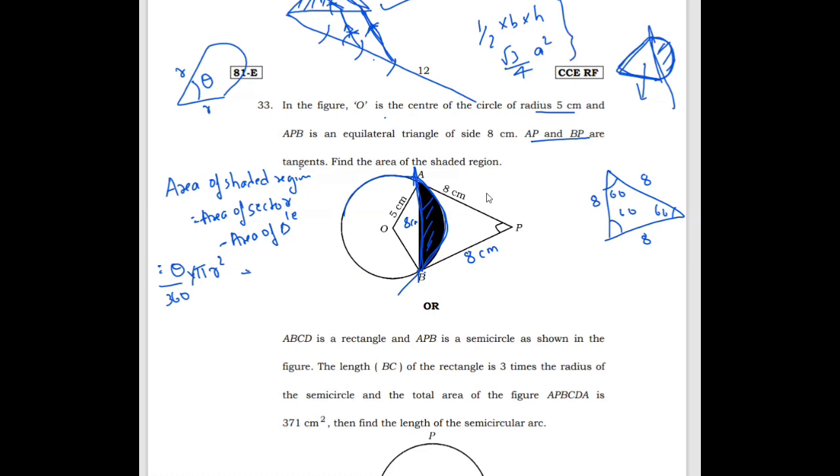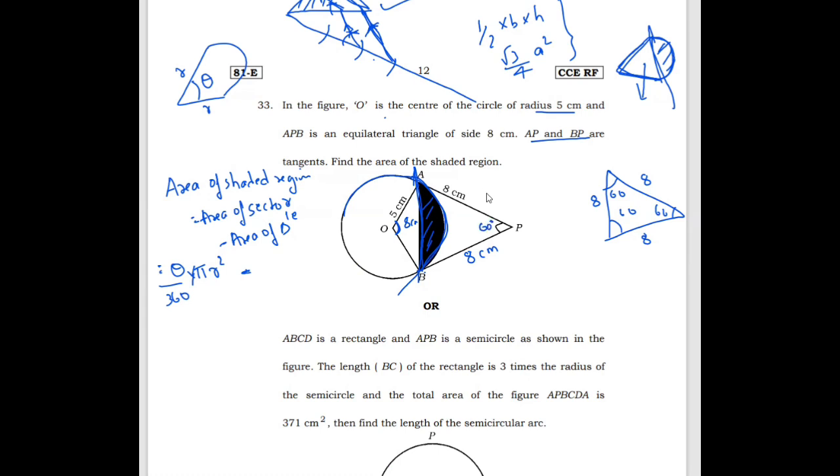Now we don't know what type of triangle it is inside this. So firstly, let me find the area of triangle. I don't know whether I should use half into base into height or root 3 by 4 a square. First, theta, what is this angle? We don't know. But as I taught in a previous class, if here it is 60 degrees, what will this angle be?